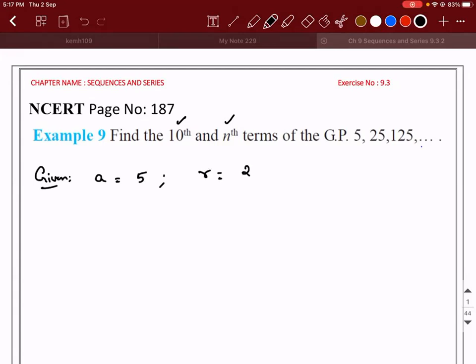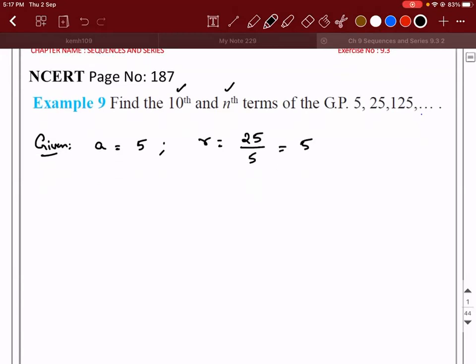R is how much? 25 by 5. That is also equal to 5. So you want A10. What is the formula, guys? Recollect it. An is equal to AR power n minus 1. So A is how much? 5 into 5 power n minus 1, that is 10 minus 1. That is 9. So what will the answer be? It will be 5 power 10. Correct?